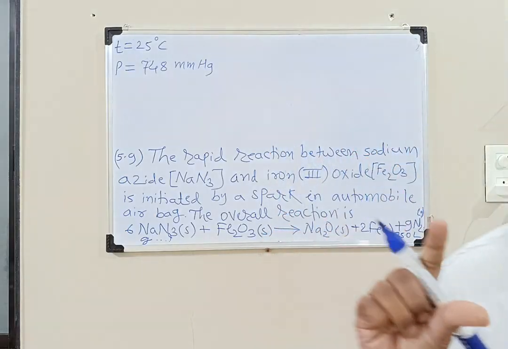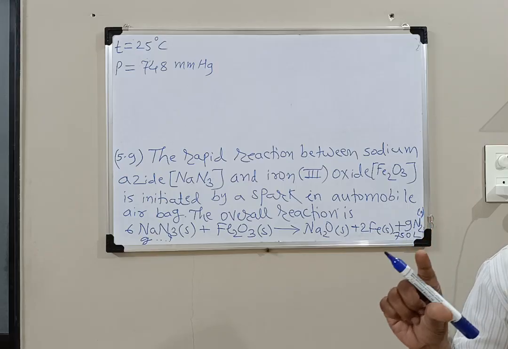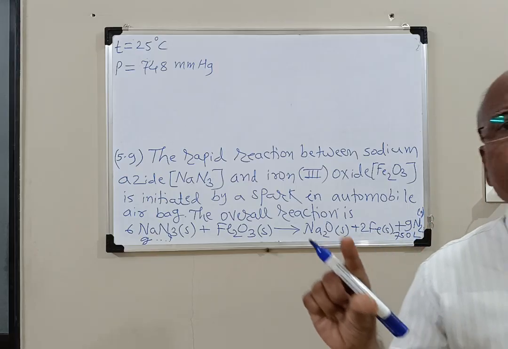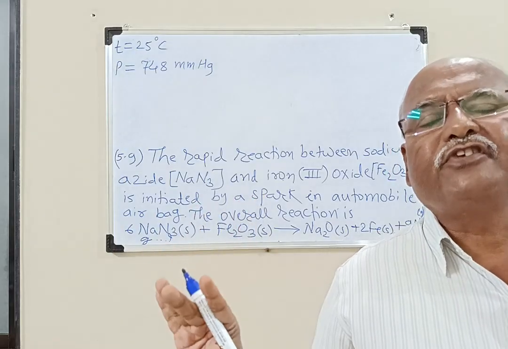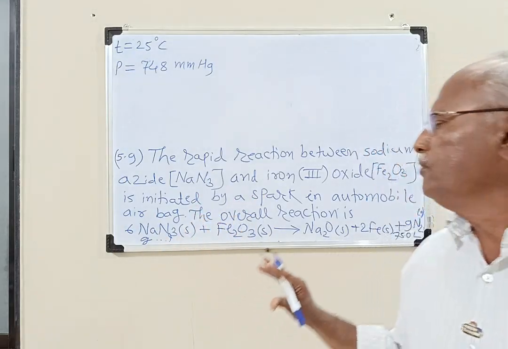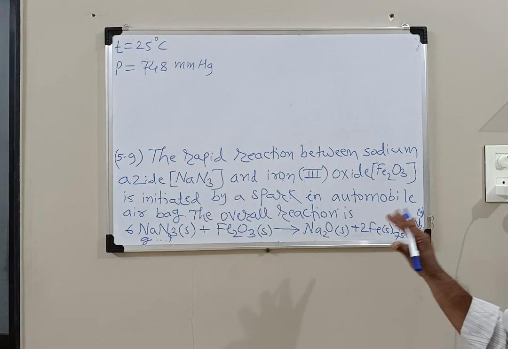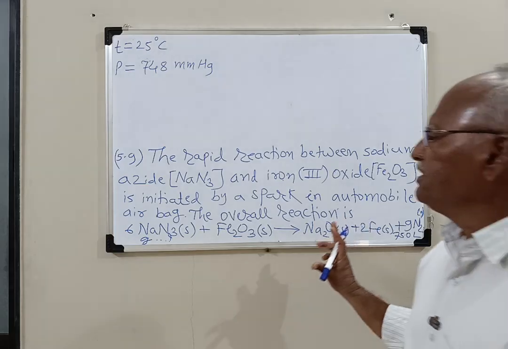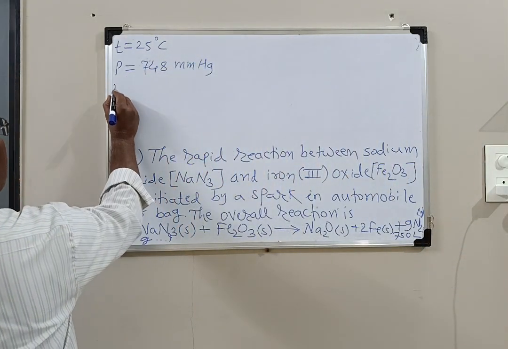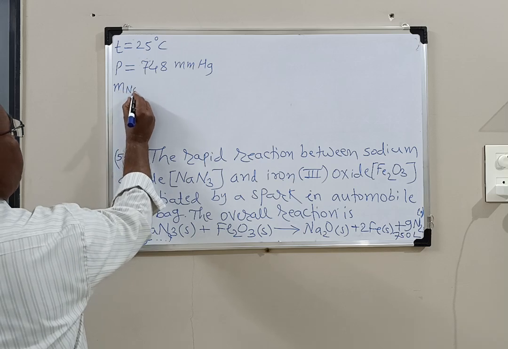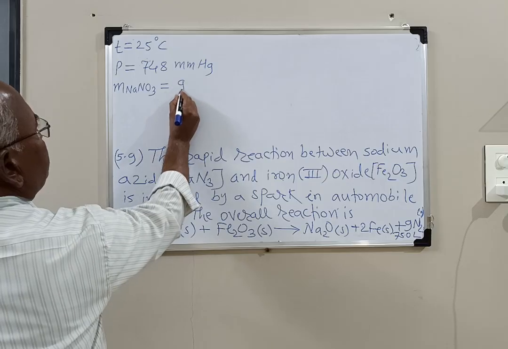The main equation, or the main formula, is PV is equal to nRT. By using this relation, we are going to solve, but before that, we have to calculate number of moles, etc. So I write the given data: mass of NaN3 is equal to 9 gram.